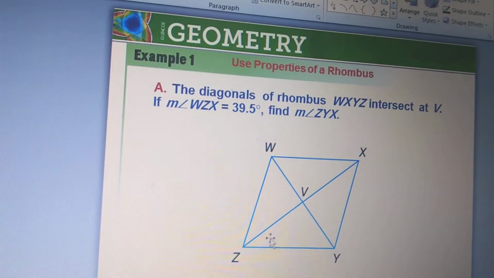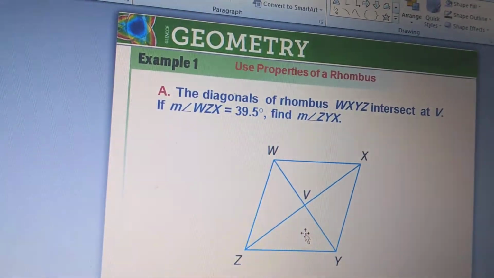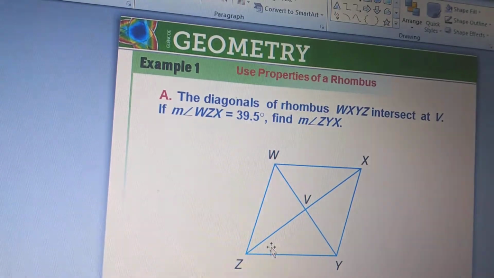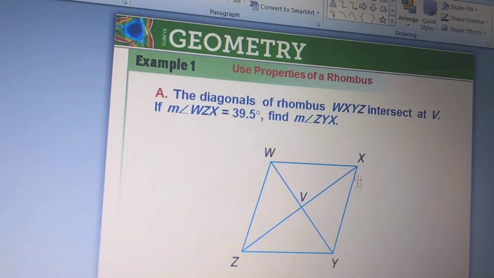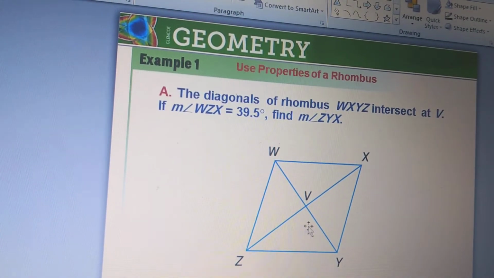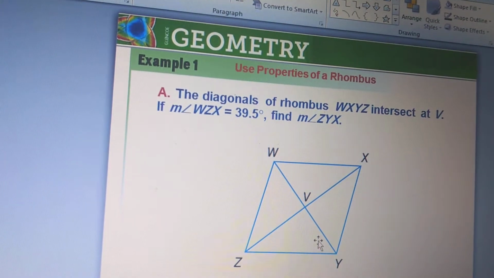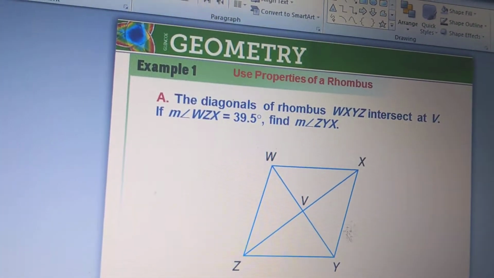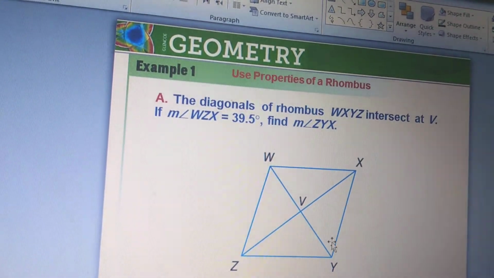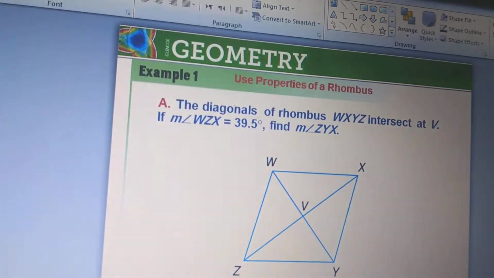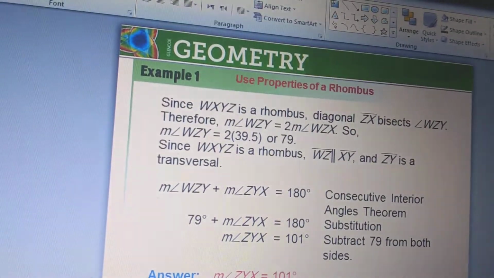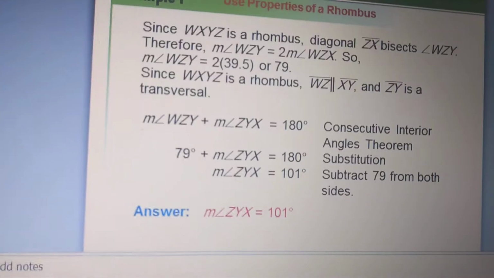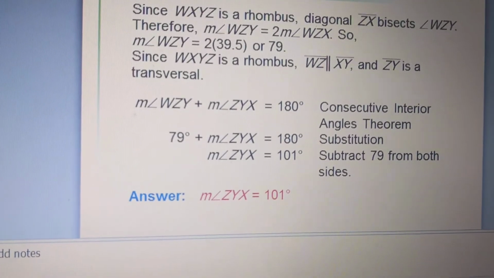I add them and subtract from 180. When I add them, 39.5 plus 39.5, you will get 79. Subtract 79 from 180, you will get 101. This means angle ZYX, this one, the big angle, is 101. The solution is here, of course, in detail. You see?